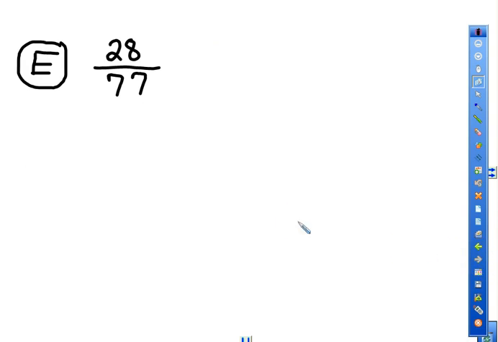So let's go ahead and do letter E. Well, when I look at this, I'm looking at factors of 28, and I know that 4 times 7 is 28, and if I look at the other number, I'm looking at 7s. That stands out to where that would work. So let's divide both of them by 7, and this will give me 4.